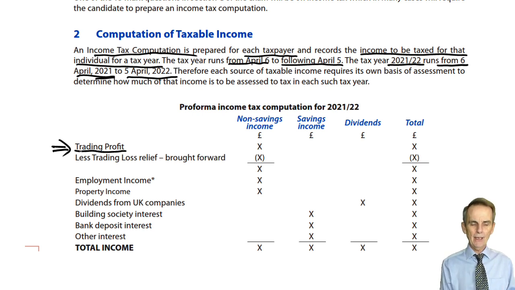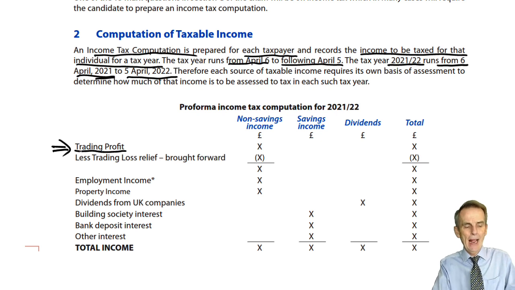But what has been a standard feature of establishing the tax-adjusted trading profit of the individual, the unincorporated trader, the standard process of adjustment of profits, has mostly been the same ever since I was a lad studying this for myself. And trust me, that is a very long time ago.